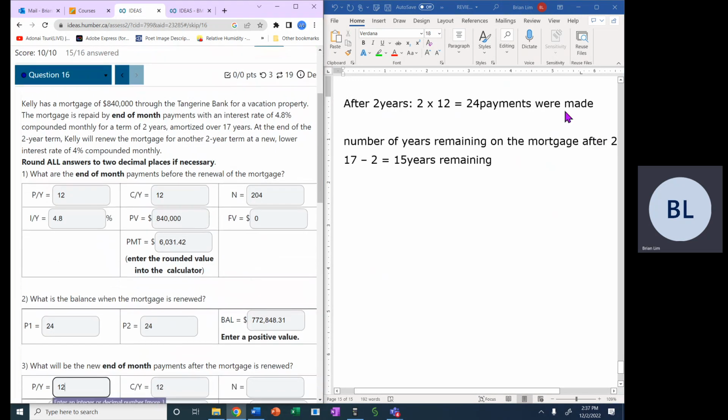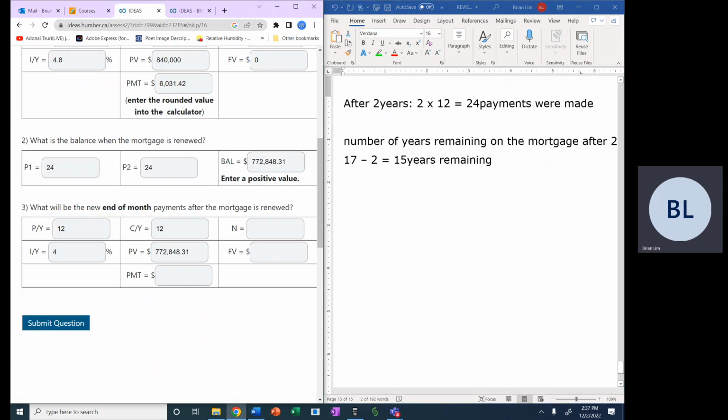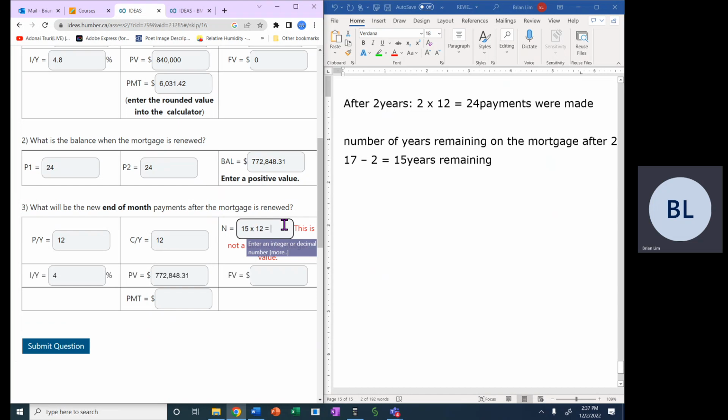Remember, the amortization was indeed 17 years. So after 2 years, there are 15 years left now for the rest of the amortization. So when we calculate n, we will use 15 and not 17. So it'll be 15 times 12, and that will work out to be a number.